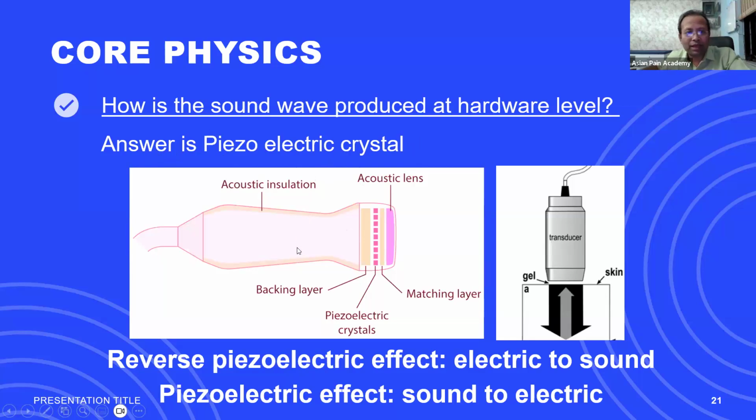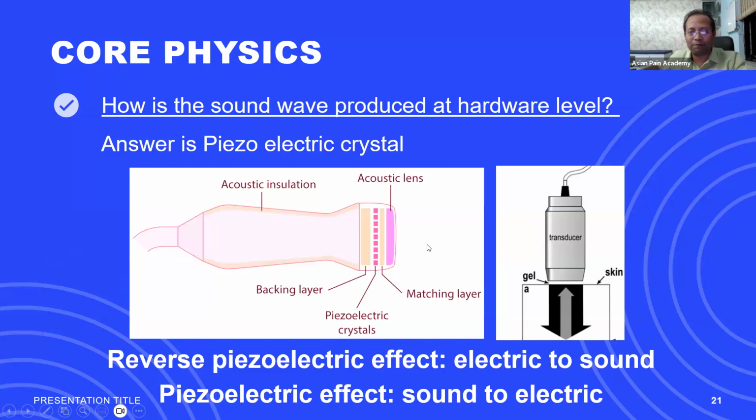Remember, electricity is coming into the probe from the left side, and on the right side the electric wave becomes the sound wave. So this electric to sound is the reverse piezoelectric effect. You have to memorize it simply: reverse piezoelectric effect means electric to sound.